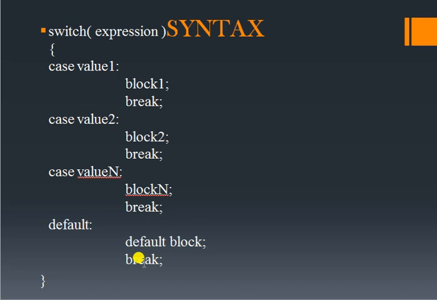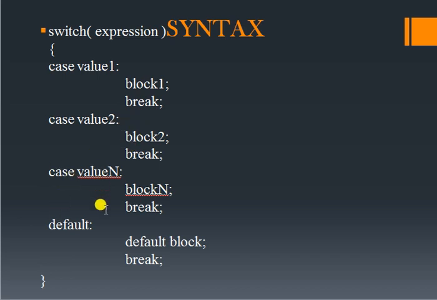So this is the syntax of the switch statement. The expression is evaluated first, whether it is a variable or an integer. Then it checks whether it is equal to value 1. Then block 1 will be executed, then break, and it will go out of the statement. Then case value 2 is checked with value 2 and block 2 will be executed, then break.